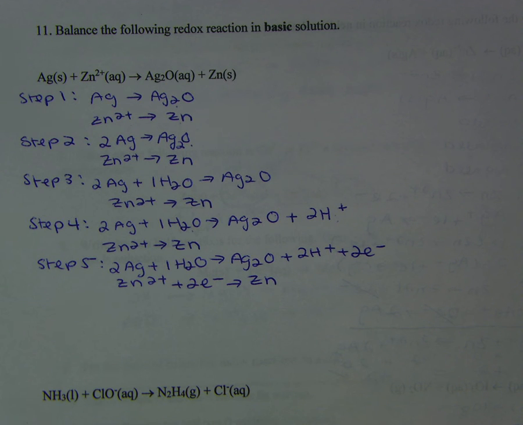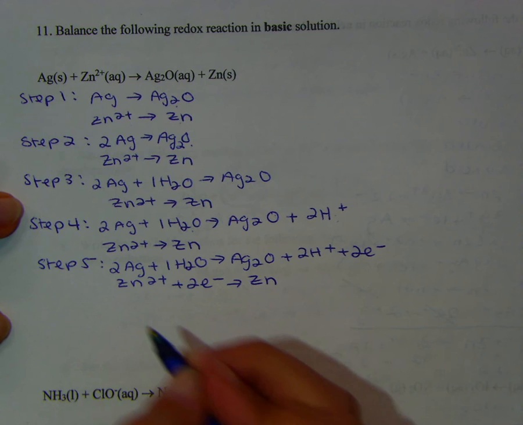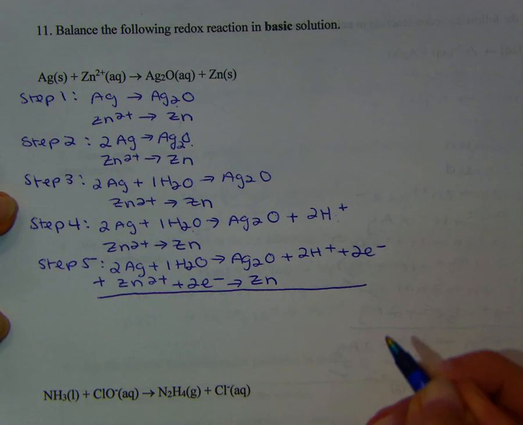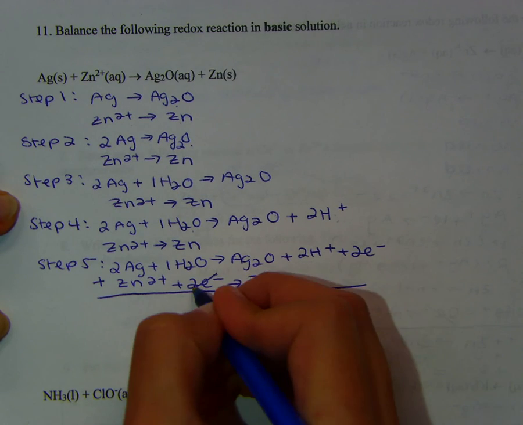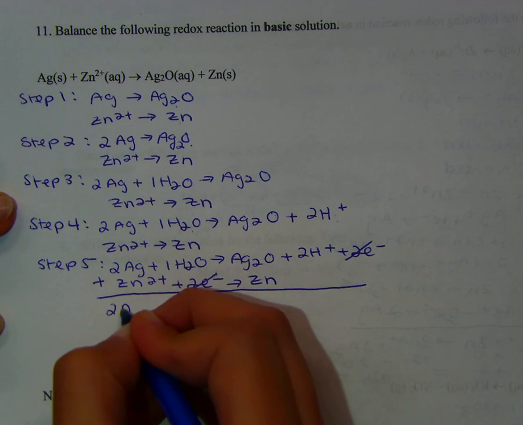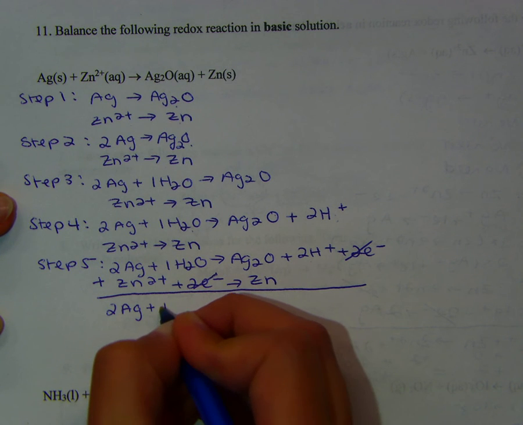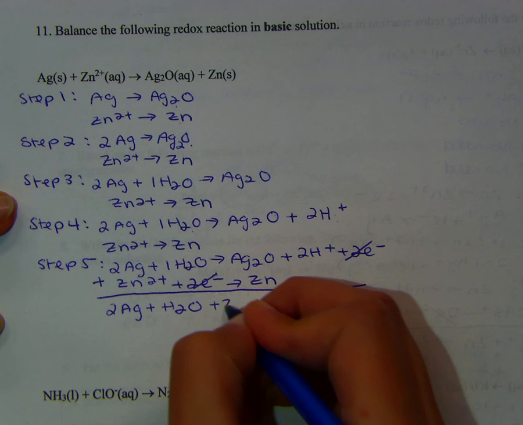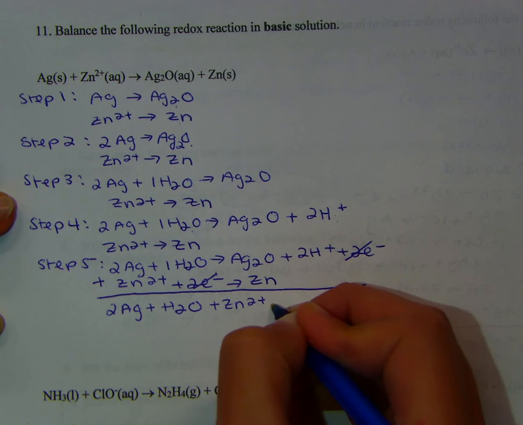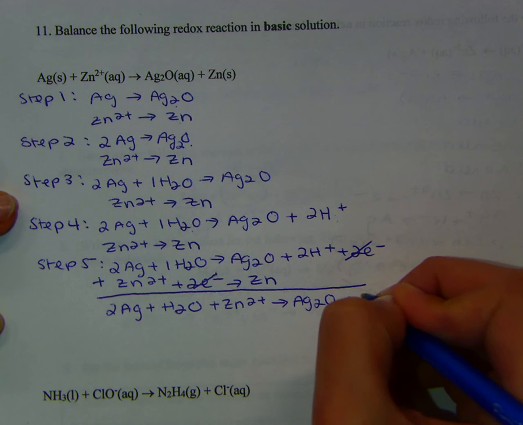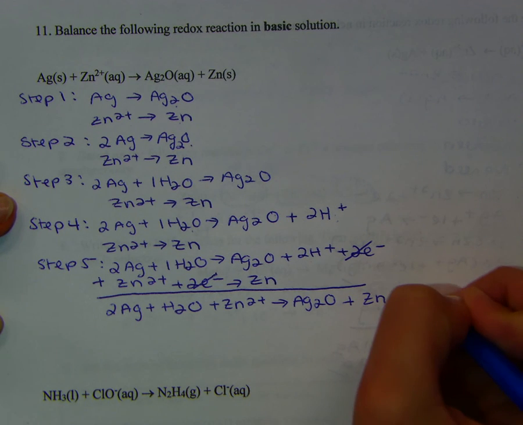So we move on to step 7, where we add them together. I'm going to add them together, and I say, okay, just my 2 electrons cancel out, and everything else gets pulled down. So I have 2 silver plus 1 H2O plus my zinc 2 plus becomes my Ag2O plus the zinc plus my 2 H plus.